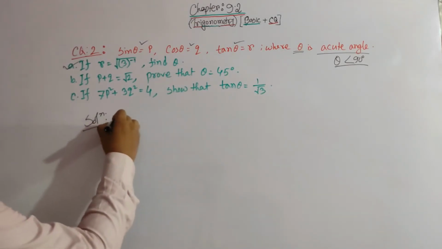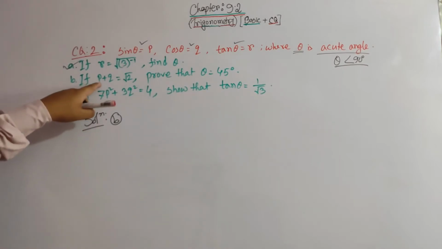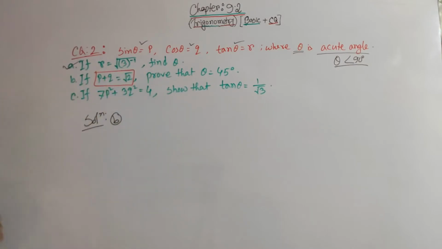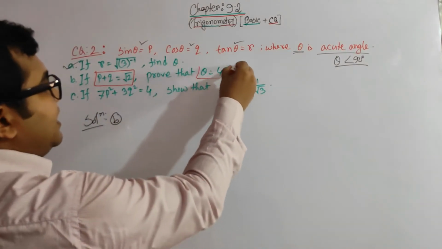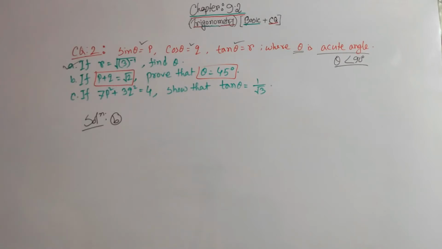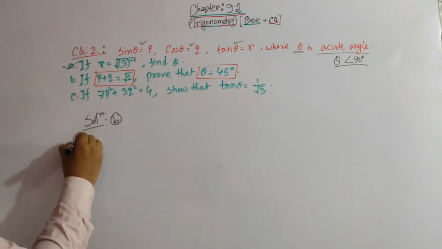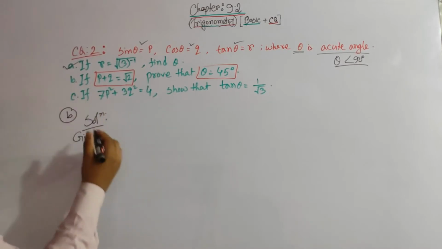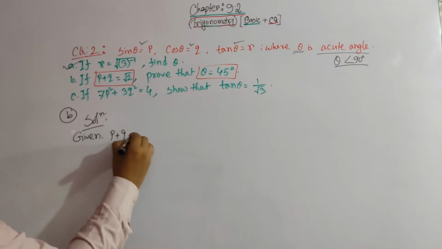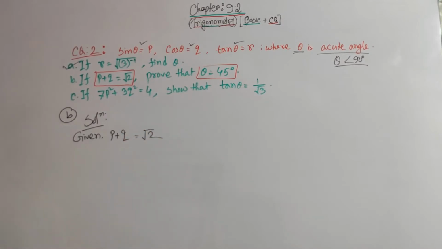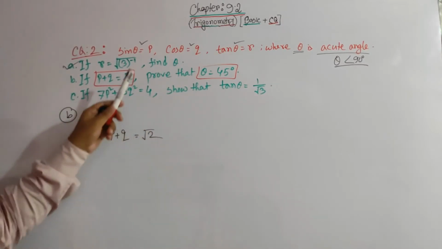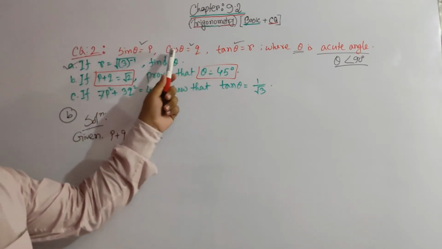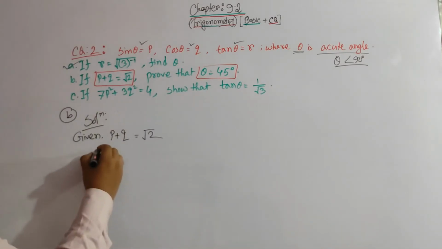So number B: P plus Q equals root over 2 is given, and we have to prove that theta equals 45 degrees. First, we have P plus Q equals root over 2. What are the values of P and Q? We know P is sin theta and Q is cos theta, so we have to write it.